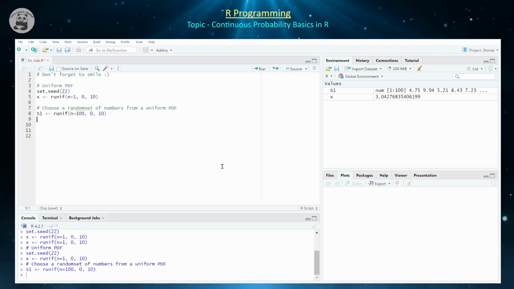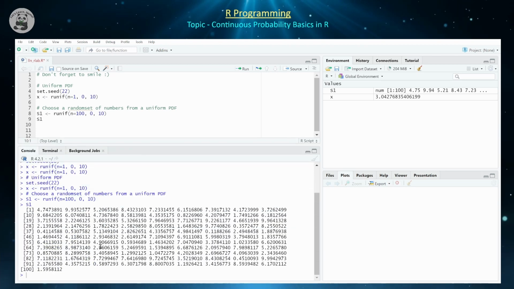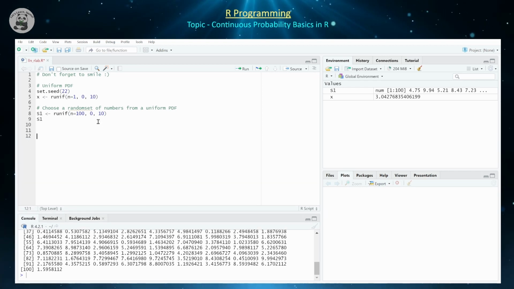That's going to choose 100 numbers, and if we want to display them, we can just run that function, and it will display all of the numbers that it has selected. In case you do not already know, the expected value of a uniformly distributed random variable from 0 to 10 is going to be equal to 5. So if we take the average of all of these values, we should get something close to 5, provided that this is a large enough sample set.